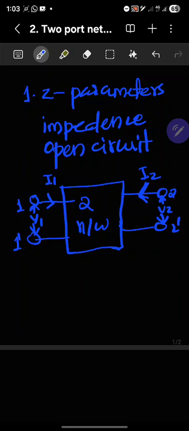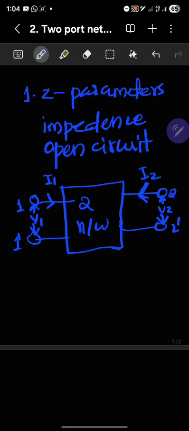So here we know what impedance is. Impedance is basically the ratio of voltage to current. How many voltages do we have? Two voltages, one input voltage and one output voltage. How many currents do we have? Two currents, one input current and one output current. By combining these four, we can define another four parameters, which are called Z parameters. Basically the ratio of these elements is the Z parameters.